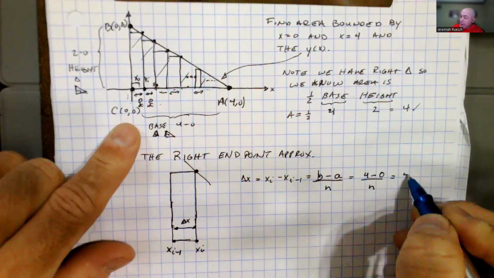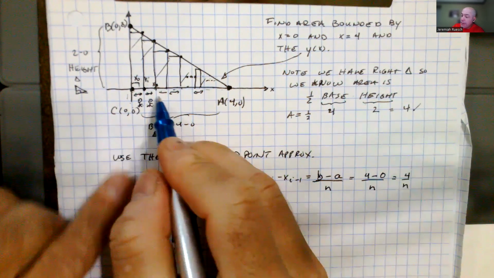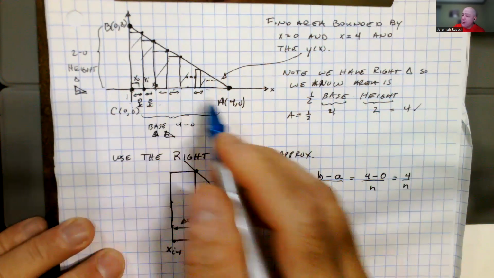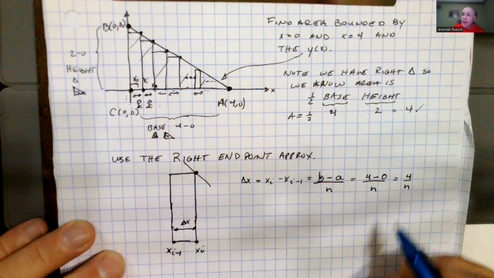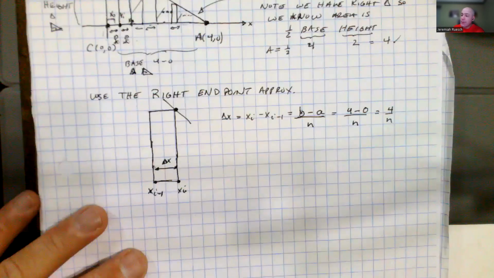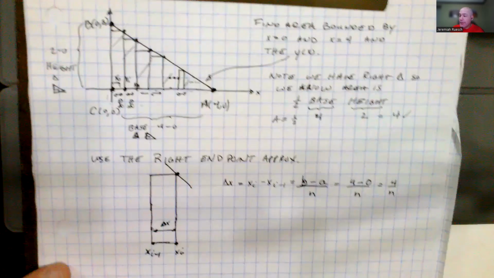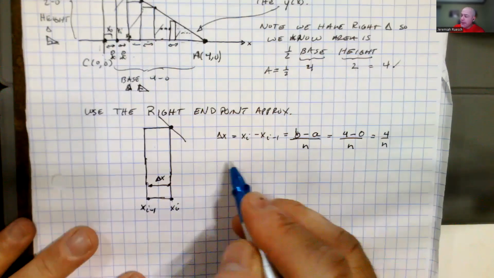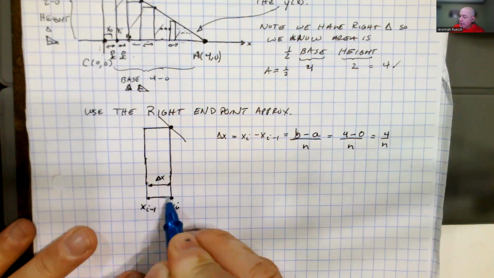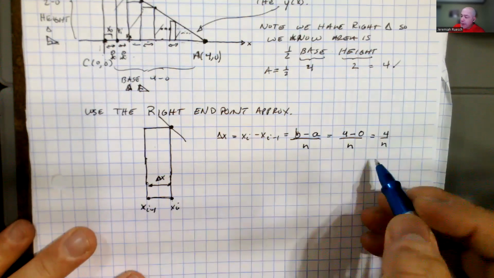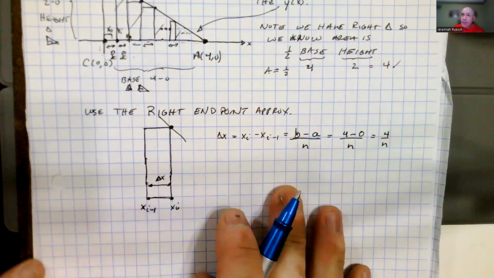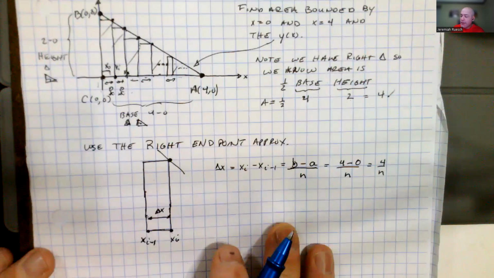That gives us that the width of the equally spaced bases here is 4 divided by how many rectangles we want to make. So that's the width of this thing, 4 over n. And if you come back up here, that's each of these bases.